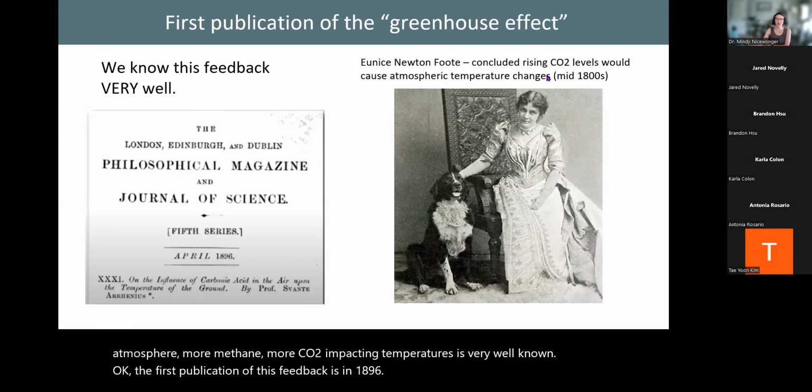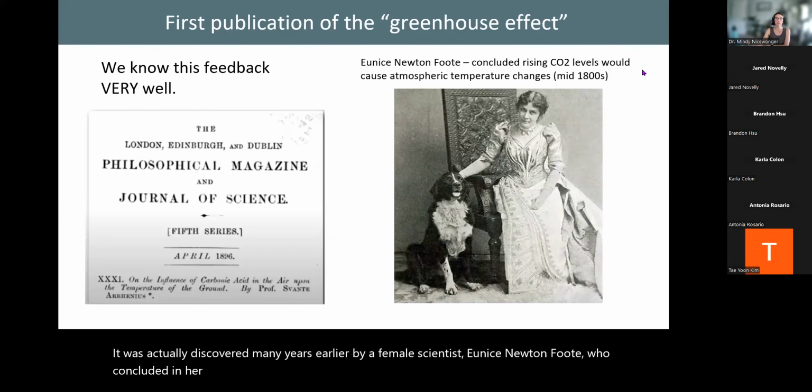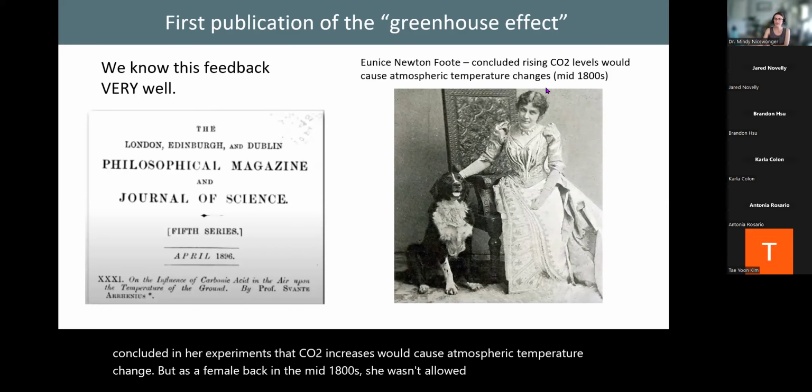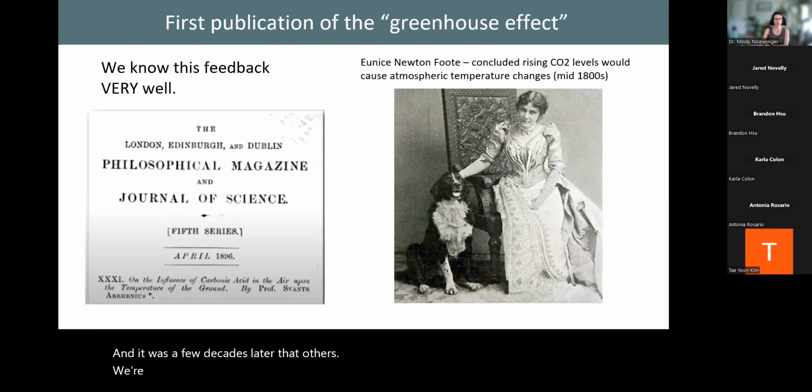It was actually discovered many years earlier by a female scientist, Eunice Newton-Foote, who concluded in her experiments that CO2 increases would cause atmospheric temperature change. But as a female back in the mid 1800s, she wasn't allowed to publish her findings. And it was a few decades later that others were publishing that work. But we've known about the greenhouse effect for many, many years. That is well known.